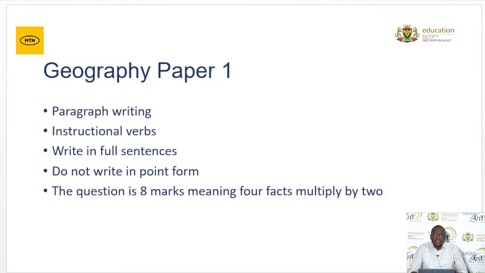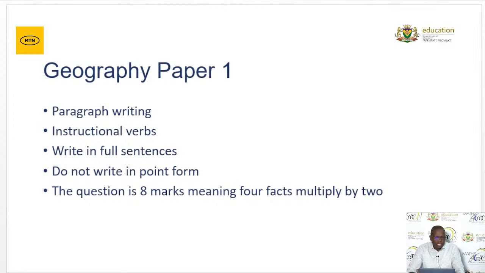Please, grade 12s, this is a final examination. Let's make sure that we write in paragraphs, not point form, when the question says write in a paragraph of approximately 8 lines.